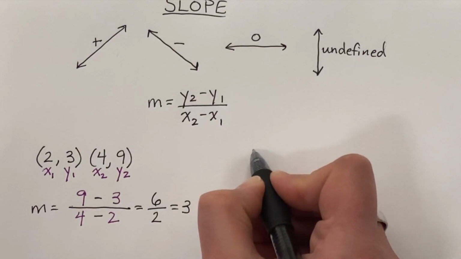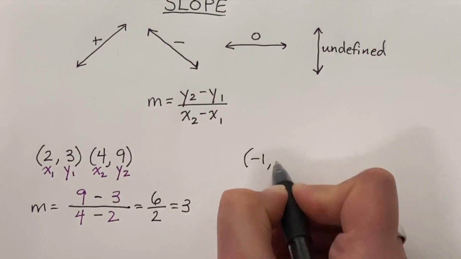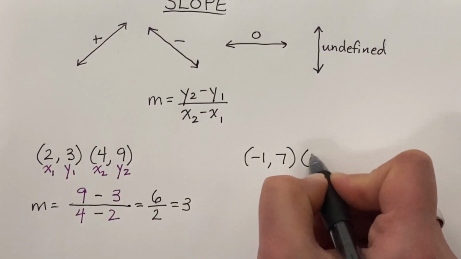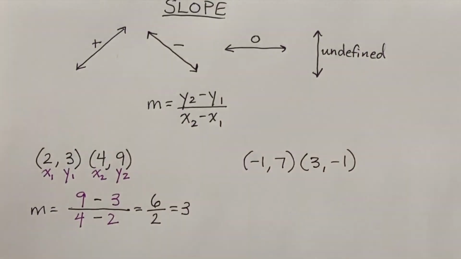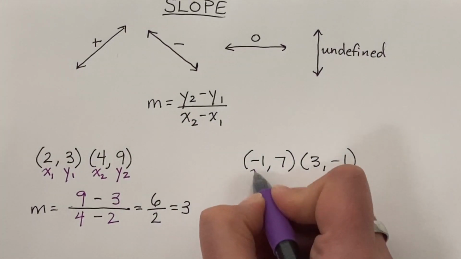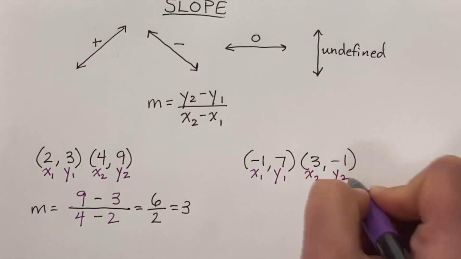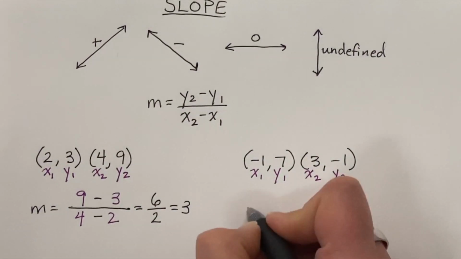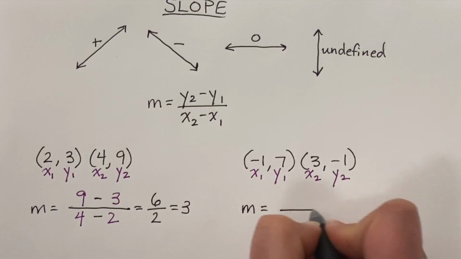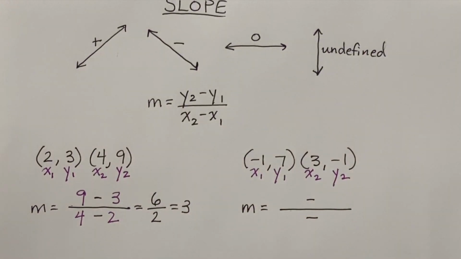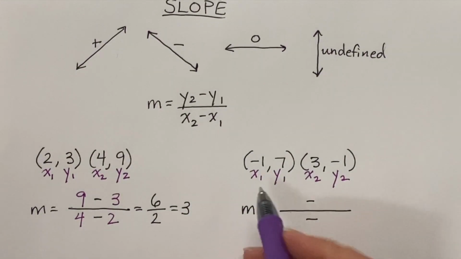Another example would be -1, 7 and 3, -1. Again, you might find it helpful to go ahead and label your ordered pairs so you don't mix up where you need to place them into the formula. So here again is the skeleton of the formula, and now I'm just going to put in the numbers where they belong.